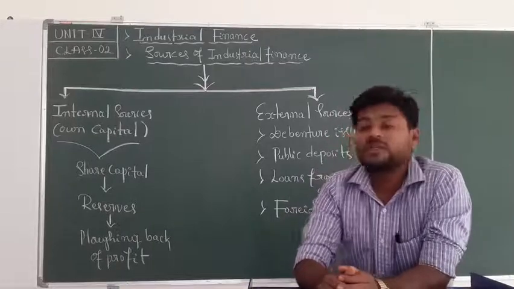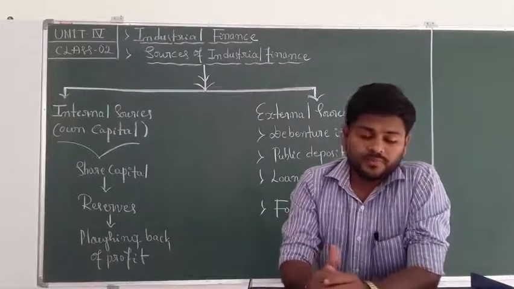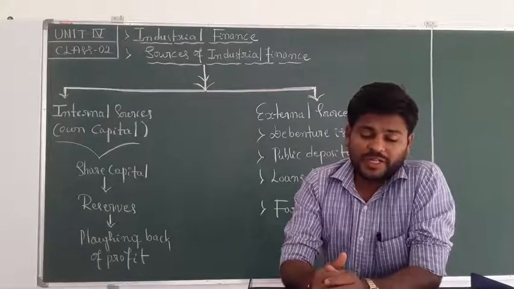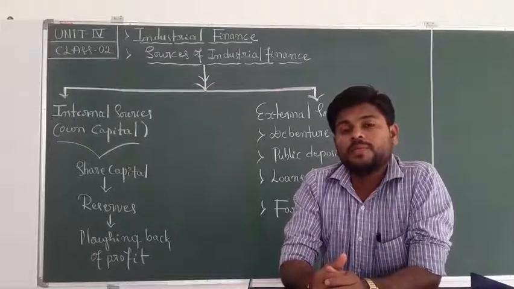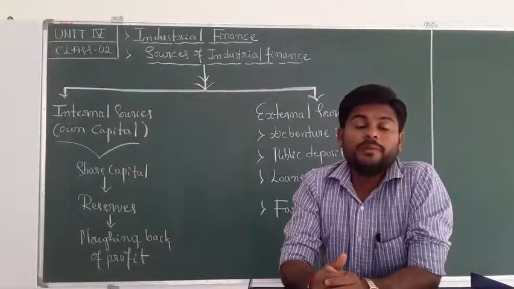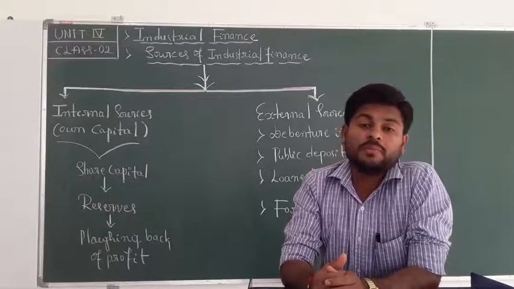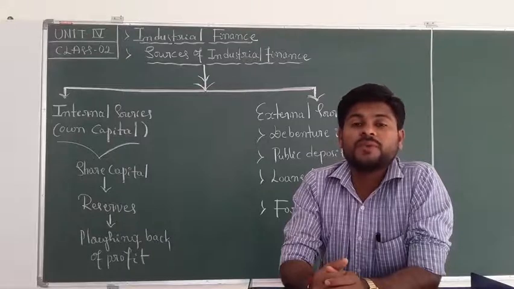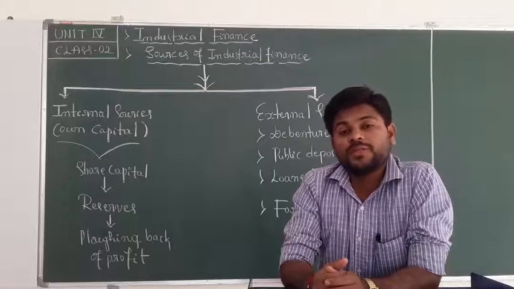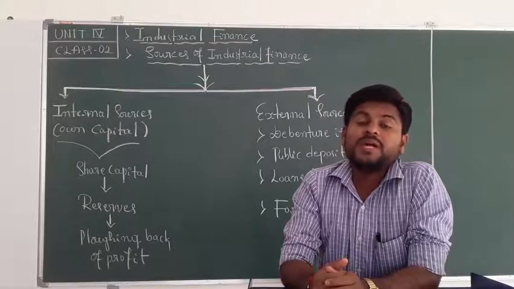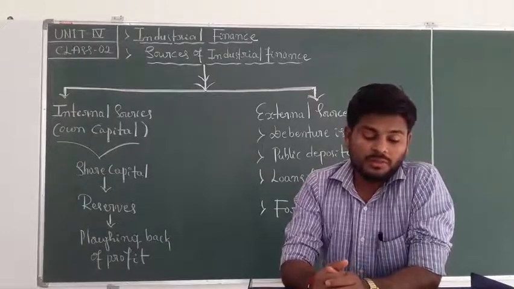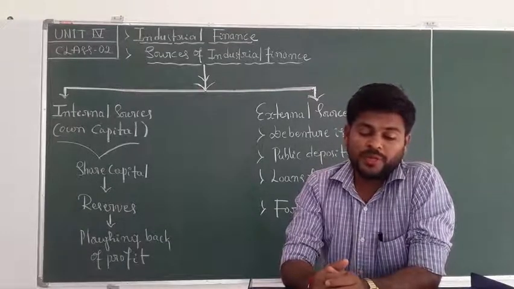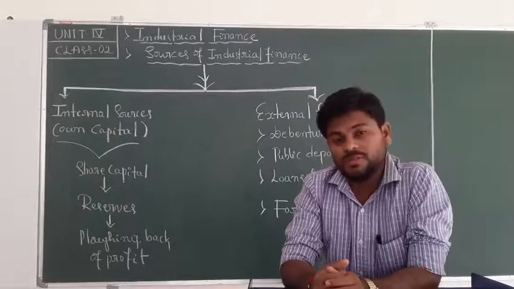And the second one is reserves. See, reserves are created out of undistributed profit. Whatever is earned by shareholders in their companies or industries we call profit. That profit is undistributed. A business unit builds reserves of its own resources for meeting emergencies or contingencies.